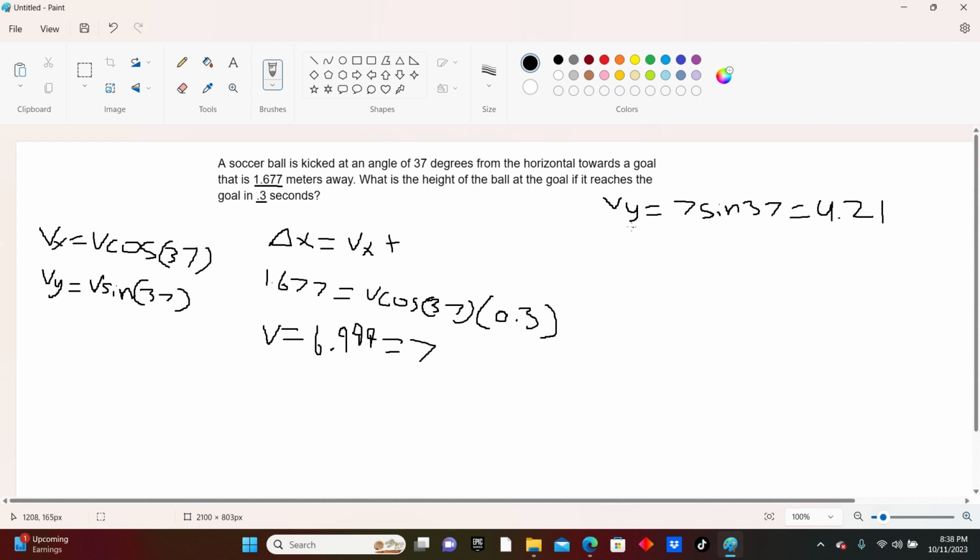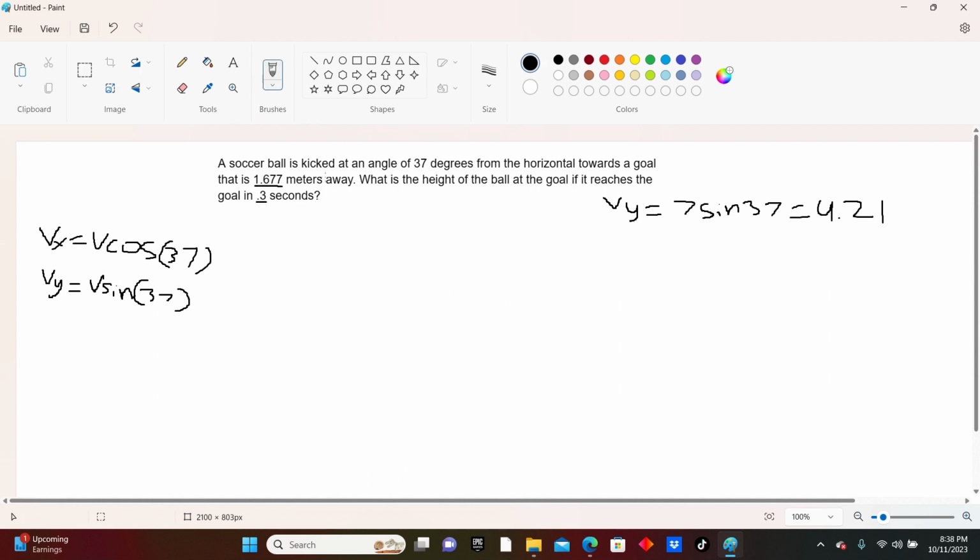And now that we have our vertical velocity, we can find the height of the ball. We can solve for the vertical displacement of the ball. So I'm gonna clear some room here. We can use the vertical displacement equation: delta y equals vy t plus 1/2 a t squared.